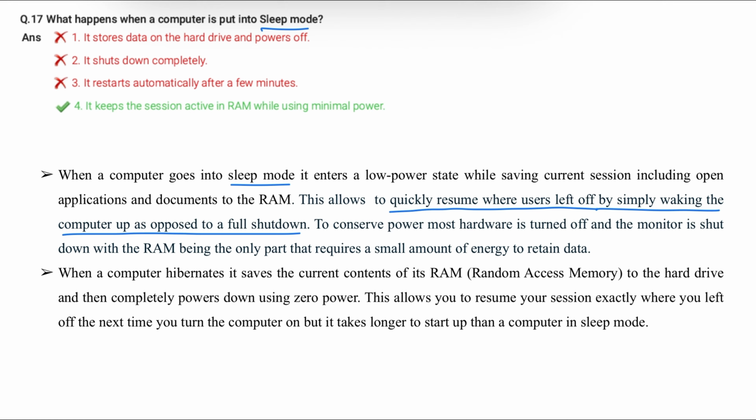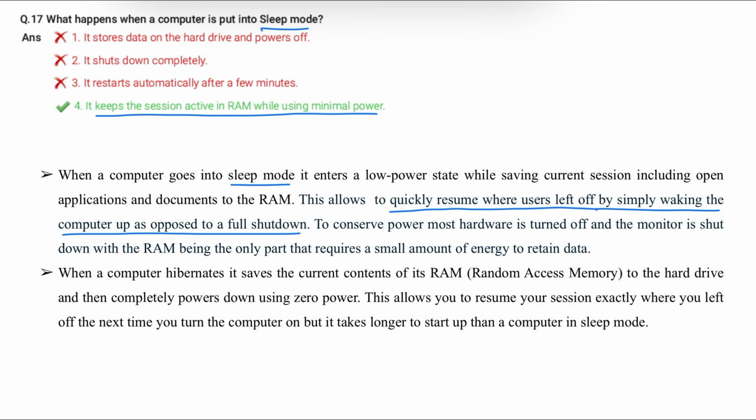To conserve power, most hardware is turned off and the monitor is shut down, with the RAM being the only part that requires a small amount of energy to retain the data. So when a computer enters into the sleep mode, it keeps the session active in RAM while using minimal power.